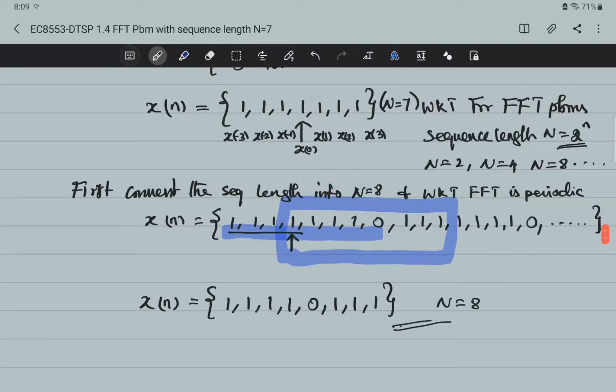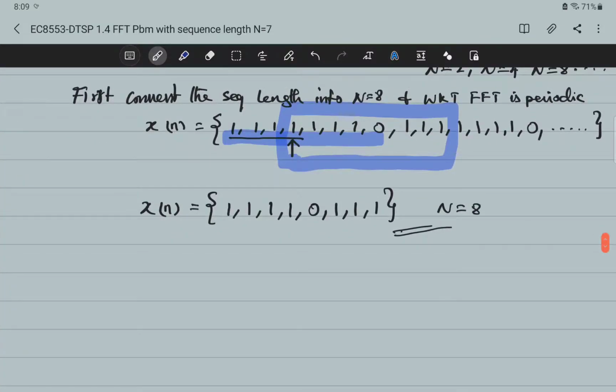So now we have to use the DIT method. In the DIT method it is bit reverse order, x0, x1, x2, x4 and x6.